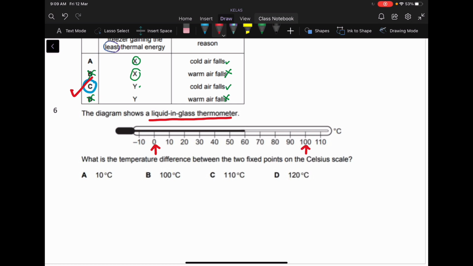The question asks, what is the temperature difference between the two fixed points? So you just minus them off. 100 degrees Celsius minus 0 degrees Celsius, that gives us B. Okay, as simple as that. It will be simple if you know which are the fixed points.